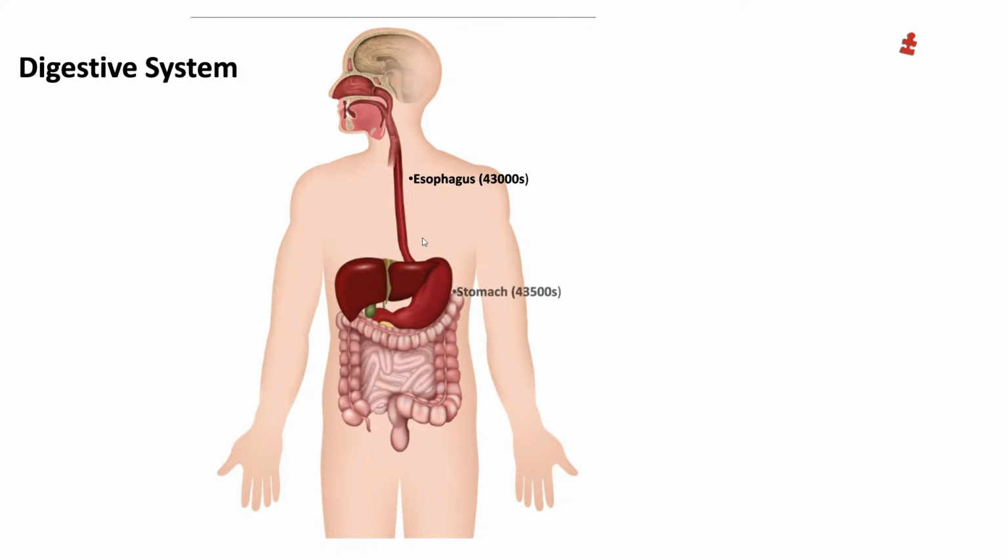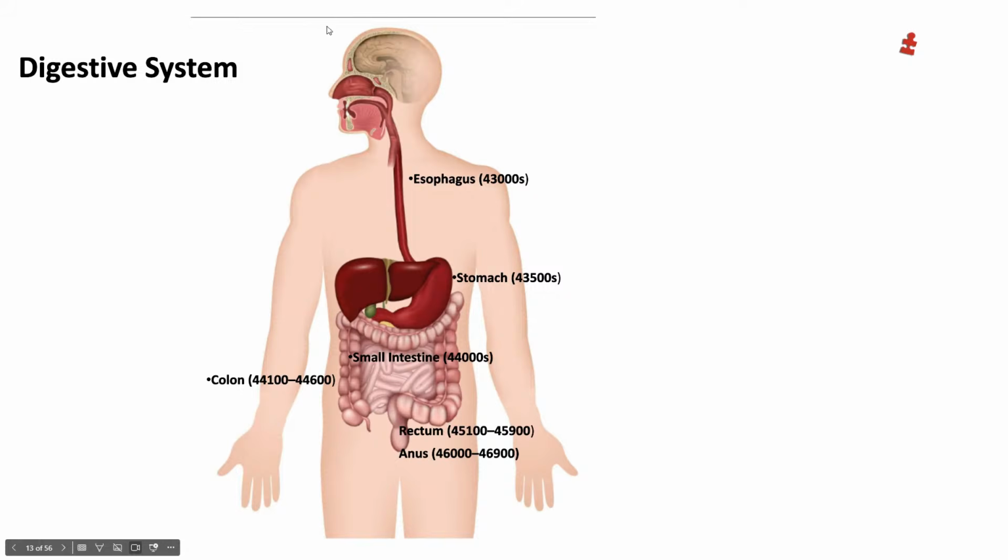The esophagus has its own, the stomach has its own procedures, the small intestine, the large intestine, the rectum, and the anus all have their own procedures and their own names too. But they're still the same digestive system. They're all a part of the same digestive system. And what makes it different is they're in different parts of the digestive system, just like different parts of the yard.